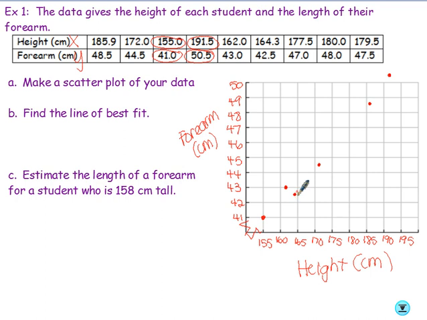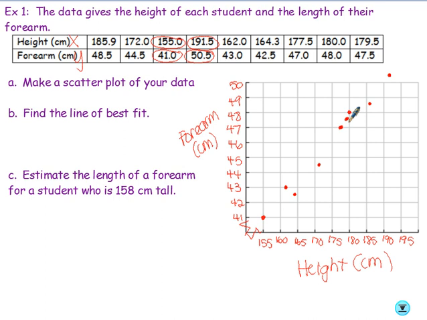And go up 42.5. 177.5 is right there in the middle. And go up to 47. 180 is right there. Go up to 48. And finally 179, which is really close to 180, and go up to 47.5.